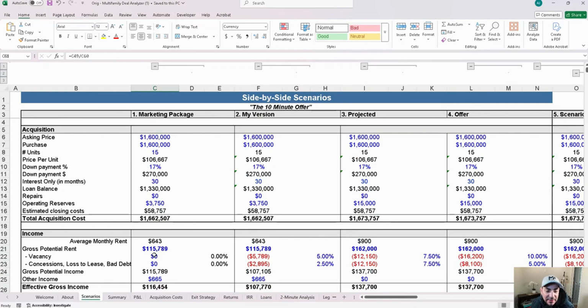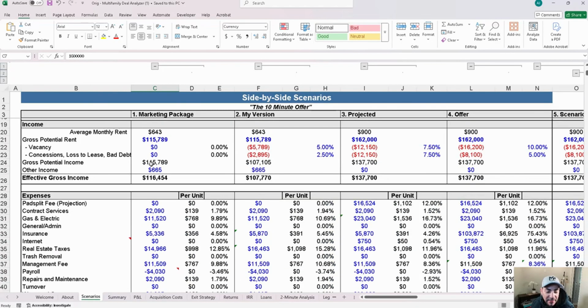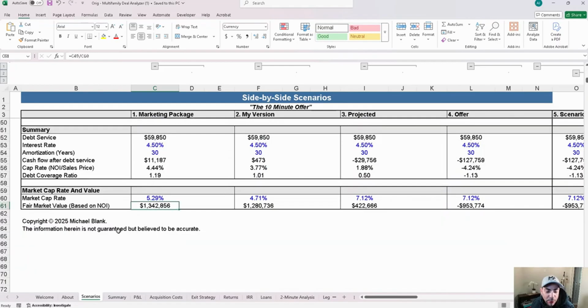So if the seller is selling for 1.6 and the fair market value is 1.3, is this a good deal? Probably not. And the reason why I say probably not is because the seller is financing at a low interest rate, meaning that if I get a traditional loan, I'll get a 7.5. So I'm going to be paying 3% more in interest.